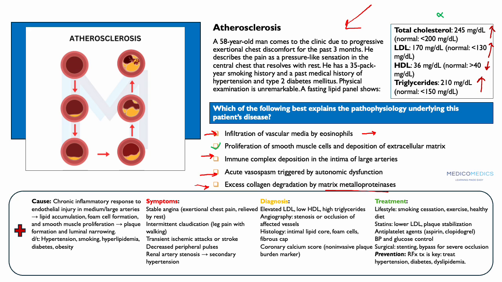Now then, just our high-yield review for atherosclerosis in general. So the cause, typically chronic inflammatory response to endothelial injury in medium and large arteries, leading to lipid accumulation, foam cell formation, and smooth muscle cell proliferation, leading to the formation of plaques, and therefore luminal narrowing, as you can see in the illustration here.